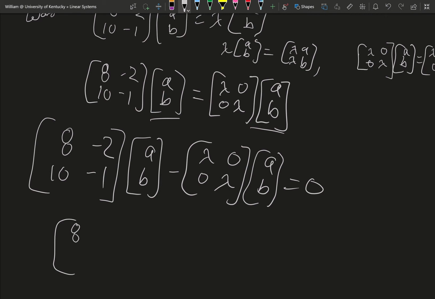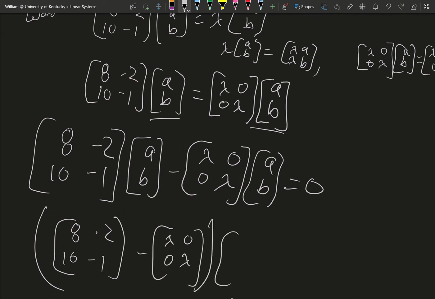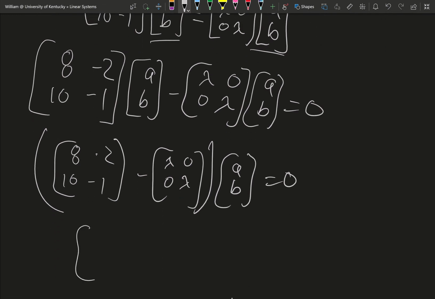And now I can pull out the (A, B). Oh, no, not 0, but negative 2. Remember, subtraction is entry-wise, so 8 minus lambda, negative 2 minus 0, 10 minus 0, and negative 1 minus lambda.